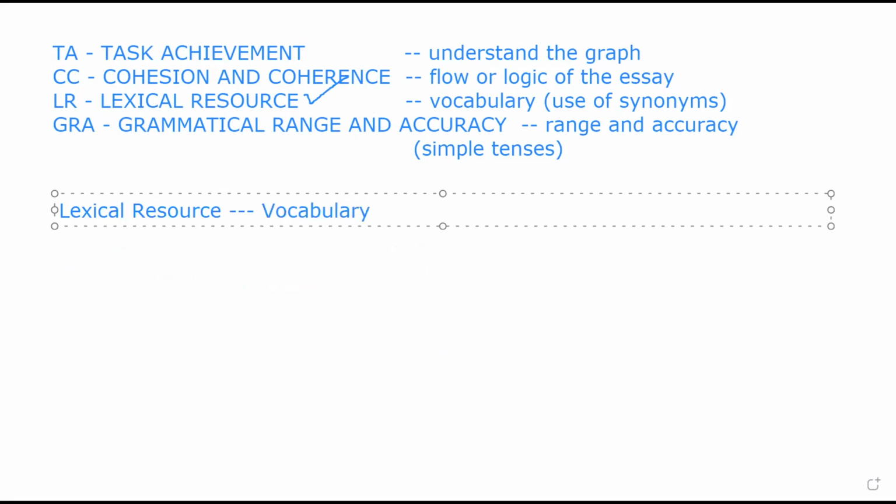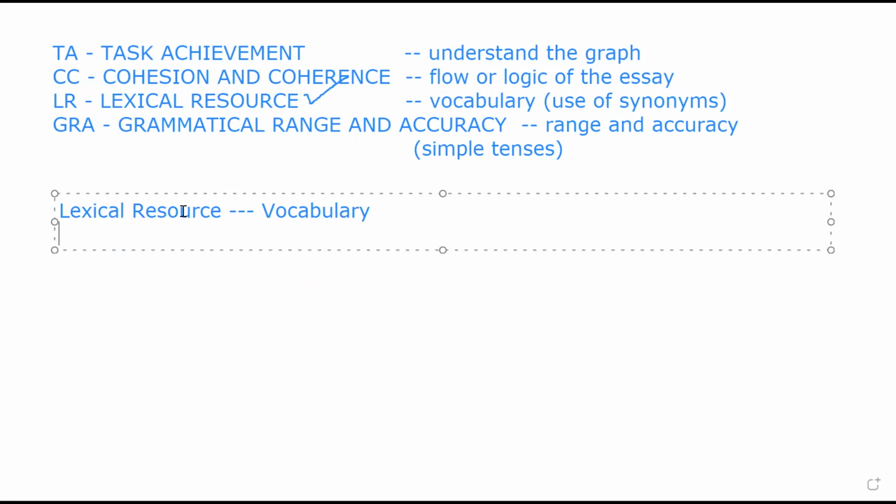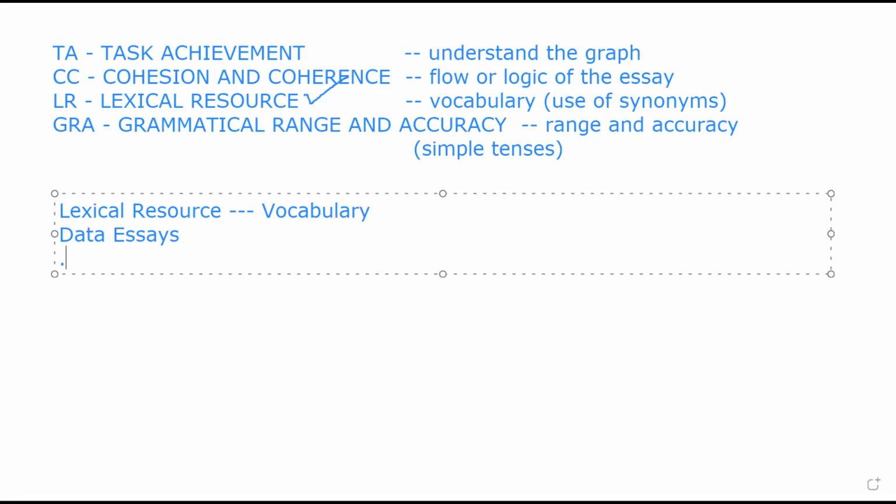I will not show you the PPTs here, but instead I'm going to show you the data essays. For the dynamic graph, the vocabulary we use is vocabulary that describes trends and movements.